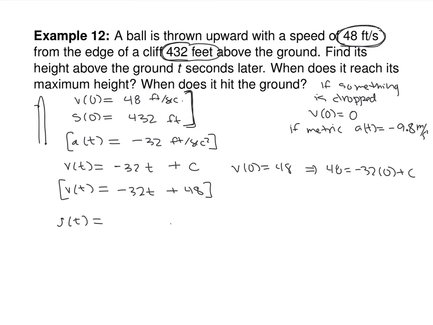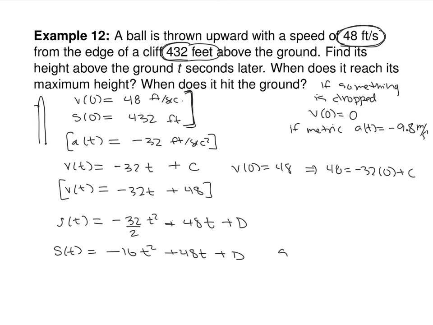What's the antiderivative of minus 32t? Minus 32t squared over 2, which is negative 16, right? Plus 48t plus d, or it's minus 16t squared plus 48t plus d.